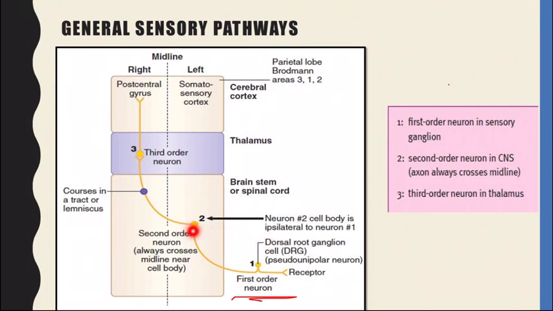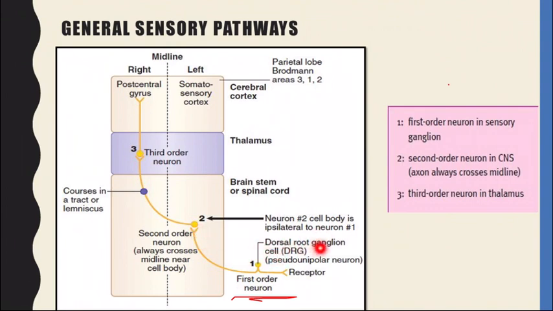where it ends, it can end in the spinal cord or the brain stem, depending on whether this is the dorsal column or anterolateral system. That we will cover, like which system's primary neuron ends in the spinal cord and which ends in the brain stem. After that, the second order neuron, the neuron number 2 cell body, is ipsilateral to neuron 1. So it will always be on the same side.